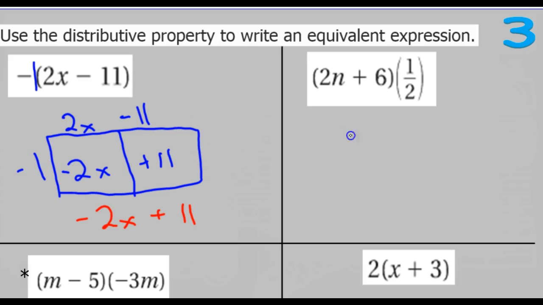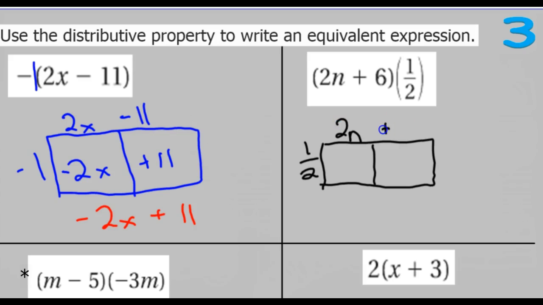Here it gets a little bit more tricky. We bring fractions into it. But lucky for you guys, it's an easy fraction. So our fraction is 1/2. And 2n plus 6 on top. So basically what this is saying, if we multiply either of these numbers by 1/2, we're basically just saying multiply each number by half, or find half of each number.